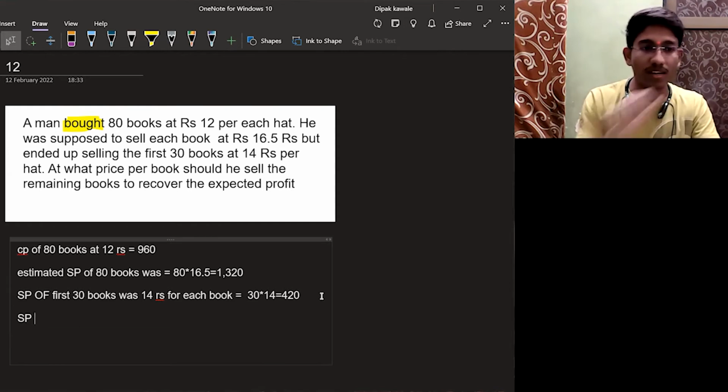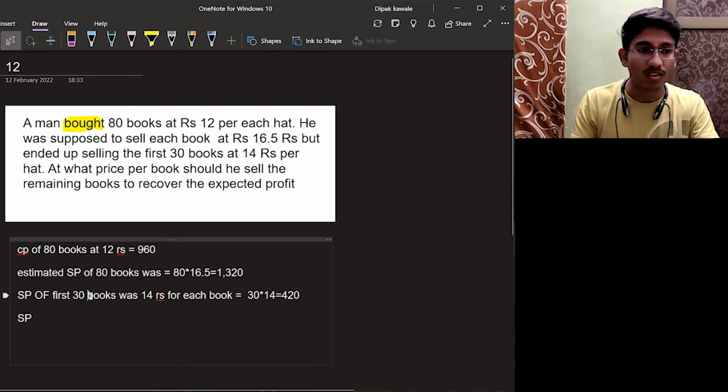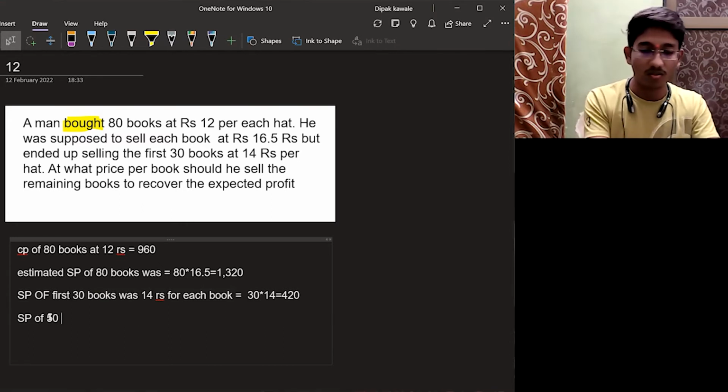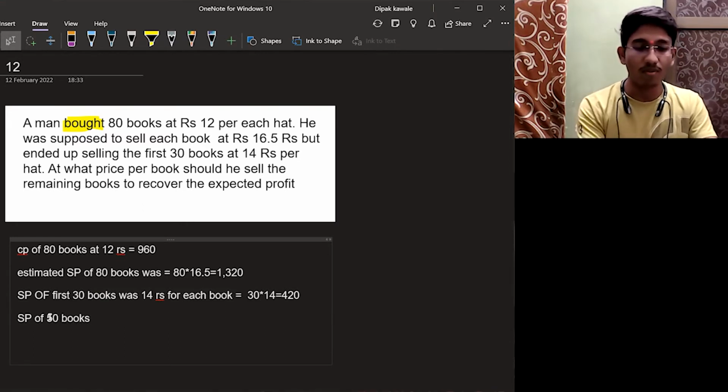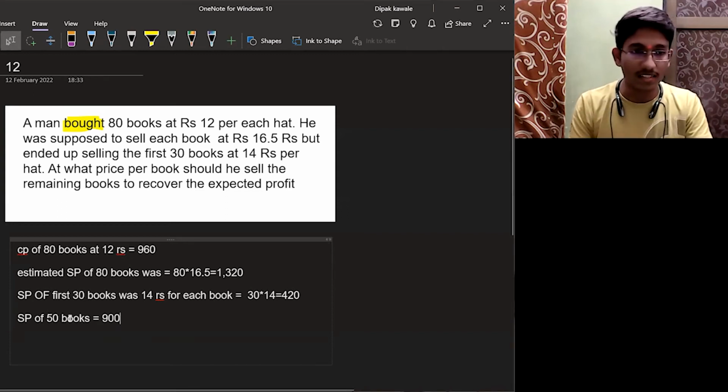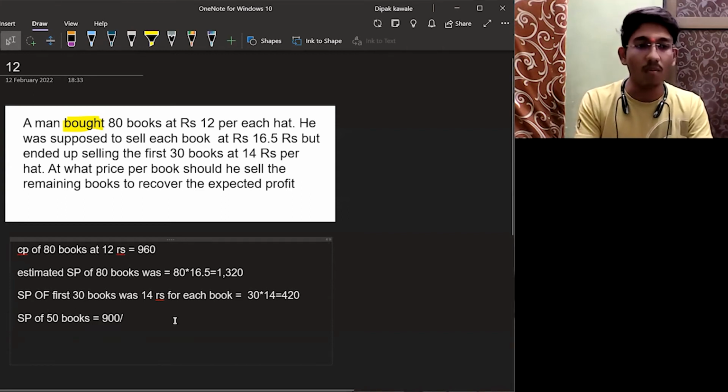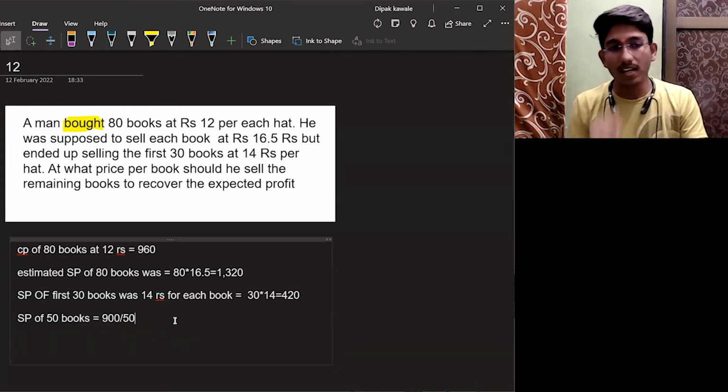So that is the selling price which I want now. How many books are remaining? 30 books I have already sold, so 50 books are remaining. So the selling price of 50 books is nothing but my 900. Correct. Sir, 900 is there, so for how many books, sir? For 50 books. Sir, 900 by 50.